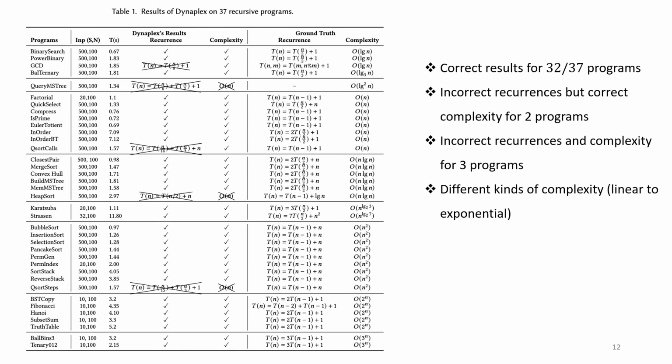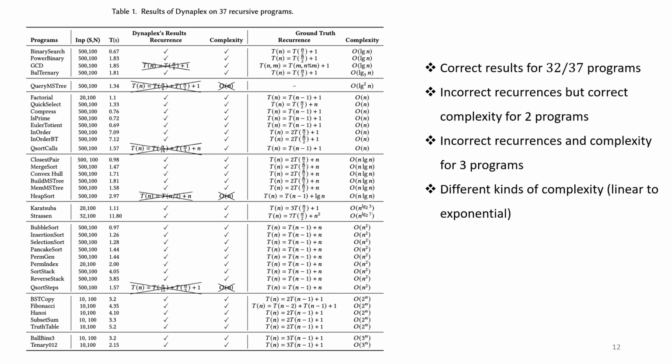However, it computed incorrect recurrences but correct complexity for 2 programs, the GCD program and the QuickSort calls program. It also computed incorrect recurrences and complexity for 3 programs. And as you can see from the table, it computed different kinds of complexity from logarithmic to linear to exponential and so on.